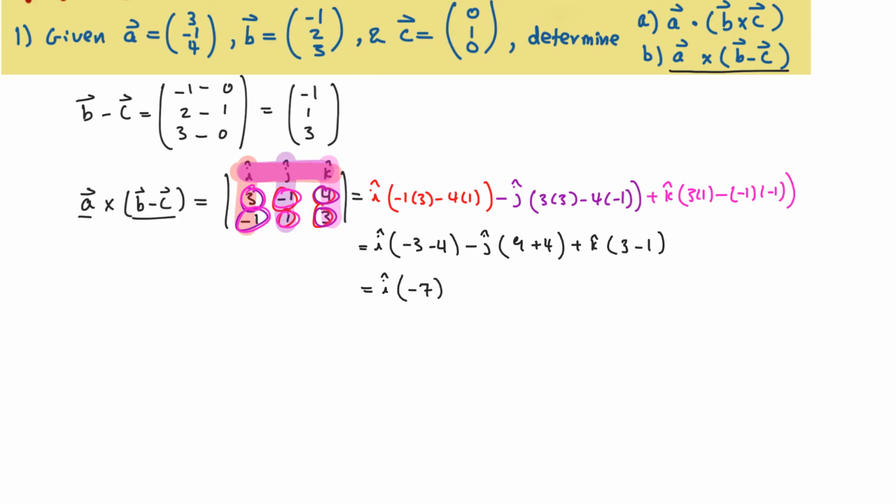Our component for j is going to be negative 13. And our k component, or the z component, is going to be 2. And I'll write it in this format as well: negative 13 and plus 2.